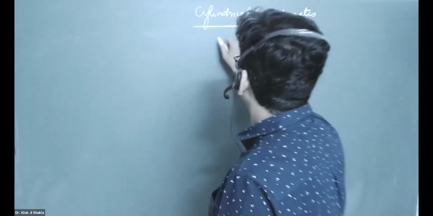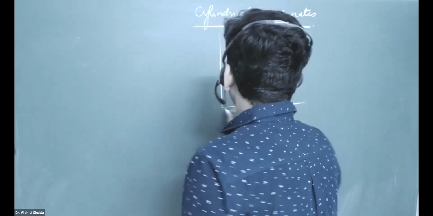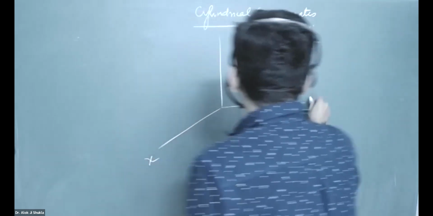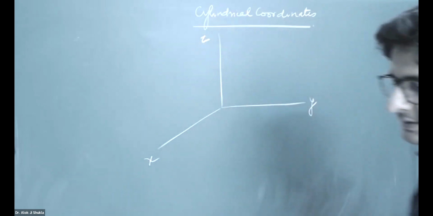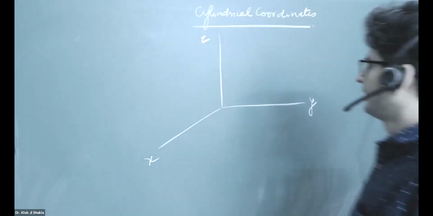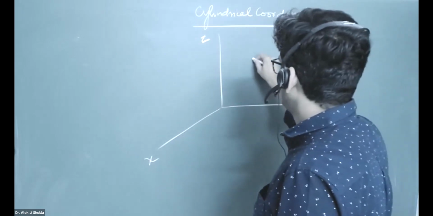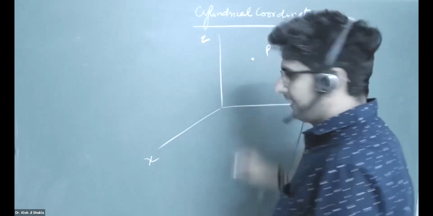So cylindrical coordinates will be represented like this. Suppose we have this XYZ coordinate and you have a cylindrical symmetry. For the same point P, the point is the same.